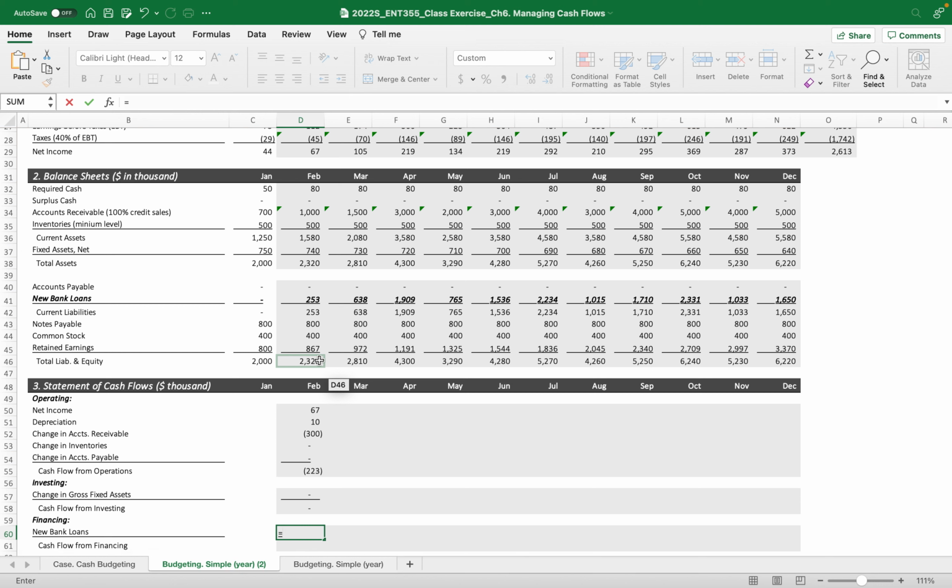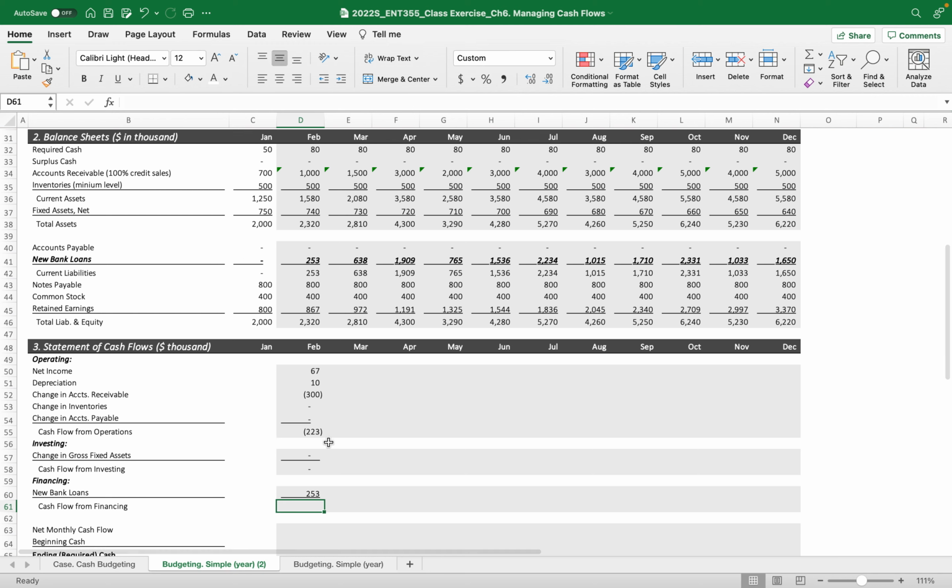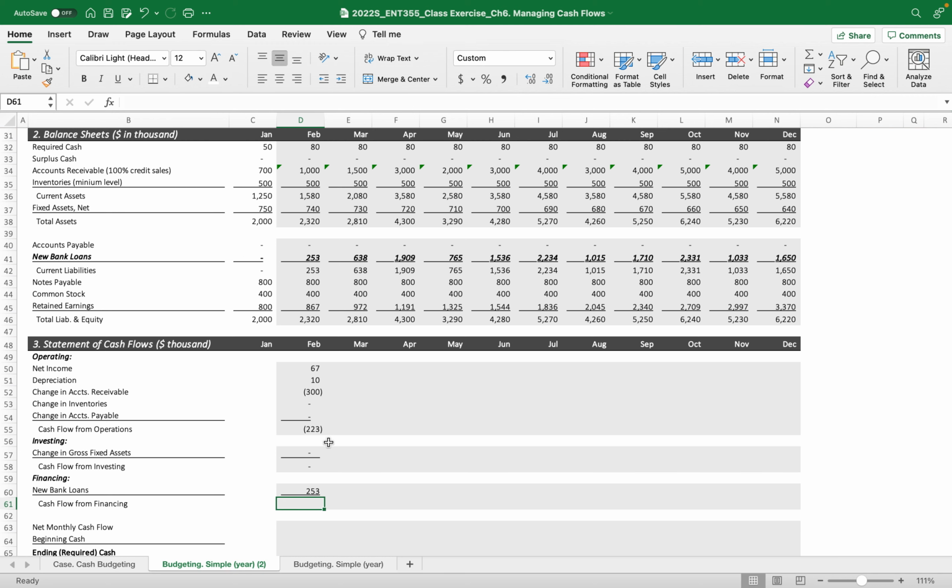We don't have cash schedules or a cash budget as a starting point, but we start from this balance sheet. So the new bank loans the company now has are this minus this, always from the balance changes. The cash flow from financing is just this one.